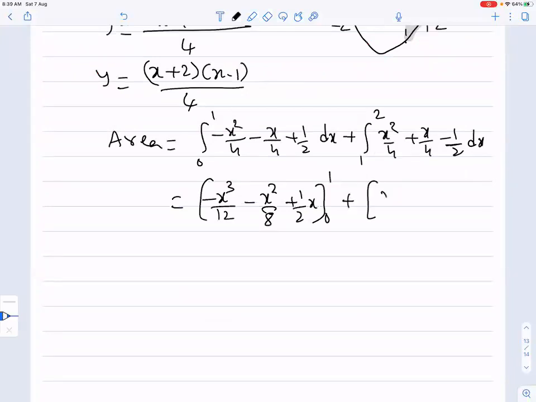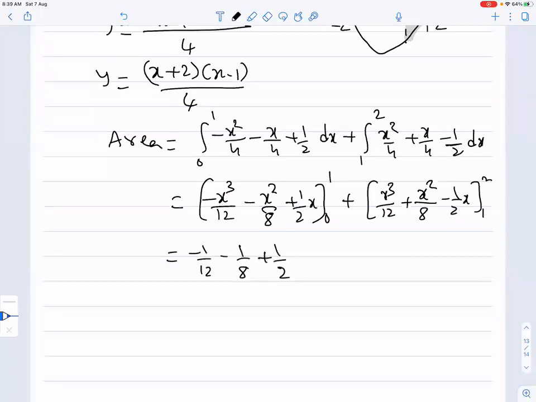From 1 to 2, this is x cube upon 12 plus x square upon 8 minus half x, from 1 to 2. So we substitute 1: this is minus 1 by 12 minus 1 by 8 plus half. We substitute 1. For 0 we don't need to substitute.